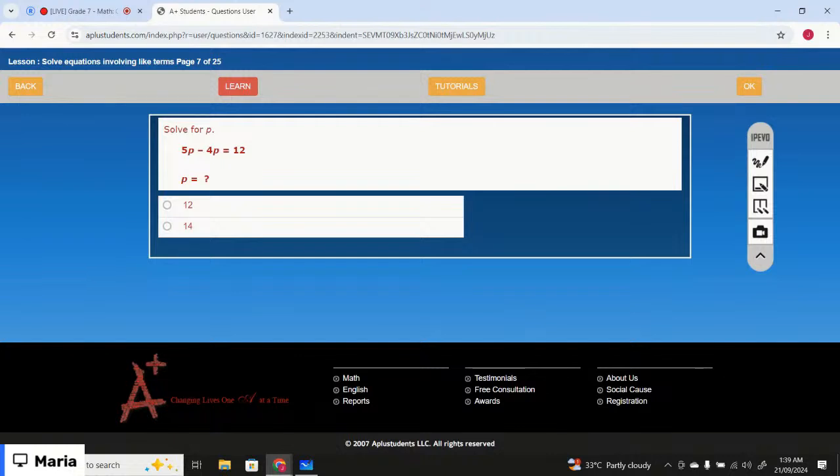The correct option is P equals 12. Option number 1 is the correct option.